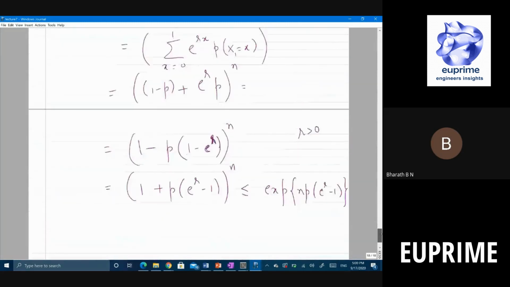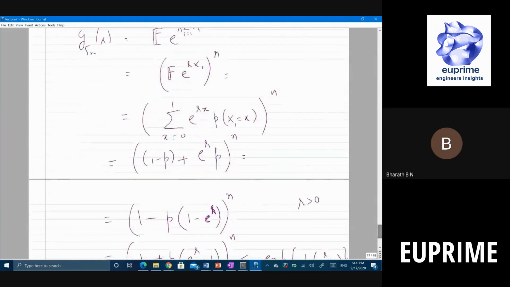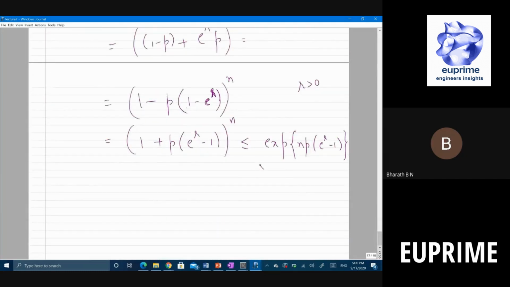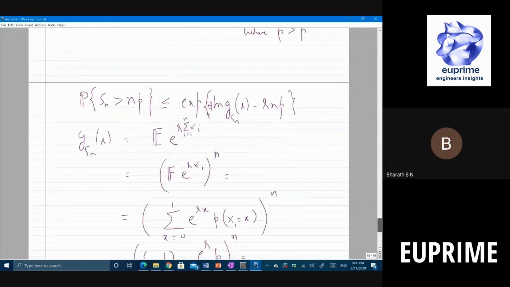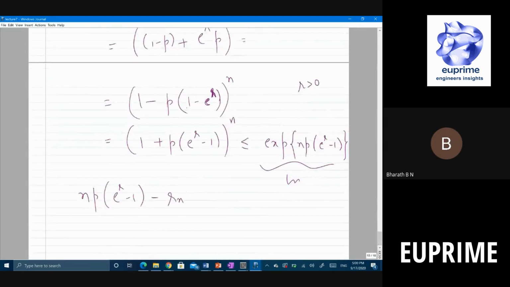Okay, so this is what we have. The other term is minus rnp. So I have to take the log of this, ln of this. So I'll have np times e power r minus 1, minus rnp, right? I have to take the infimum over all r of this. Let's blindly take the derivative.